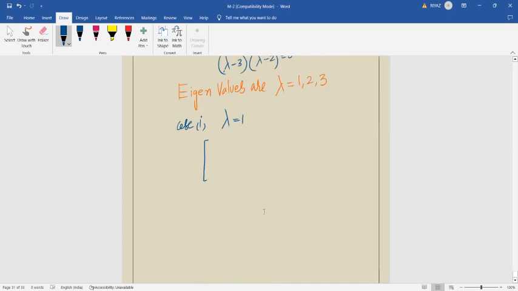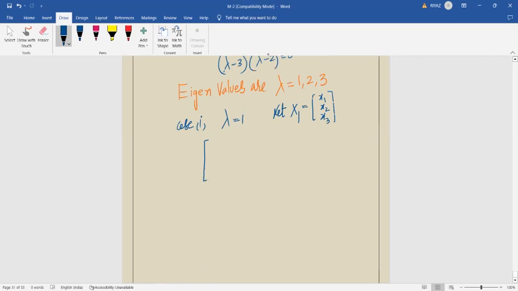Let us assume that capital X1 is equal to x1, x2, x3, be the corresponding eigenvectors.